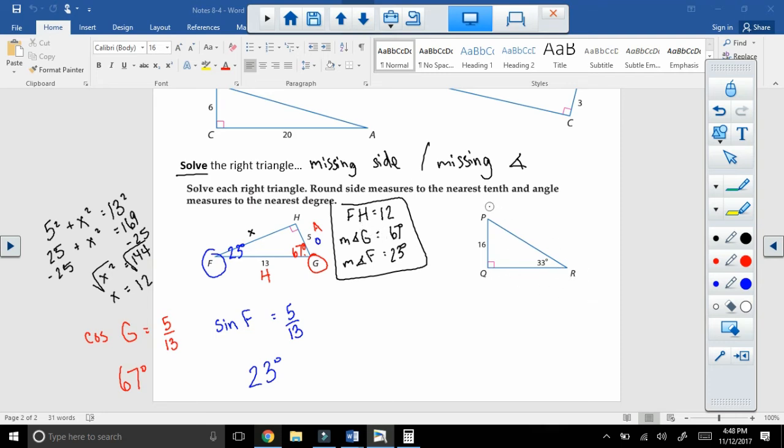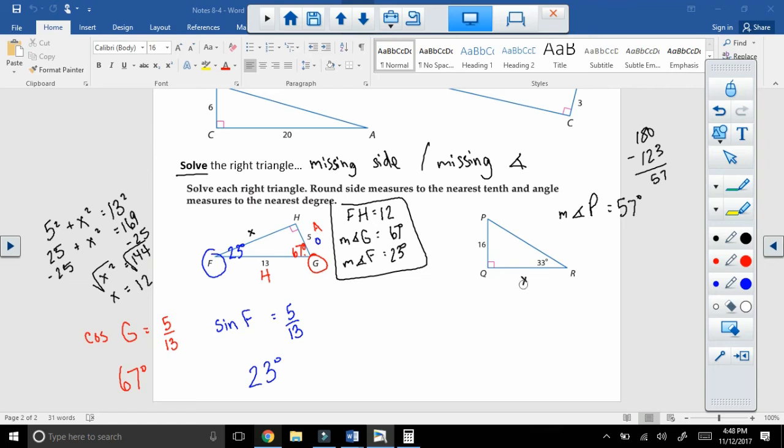For this next one, again, you'll have to use sine, cosine, and tangent for at least something, but I probably would find angle P first because I'm not going to have to use sine, cosine, or tangent for that. I would just add these two up to get 123, and then just take that away from 180. So that's going to be 57 degrees for that.